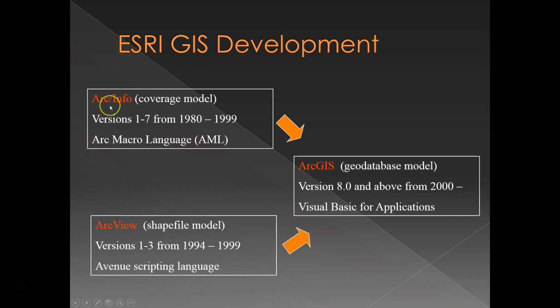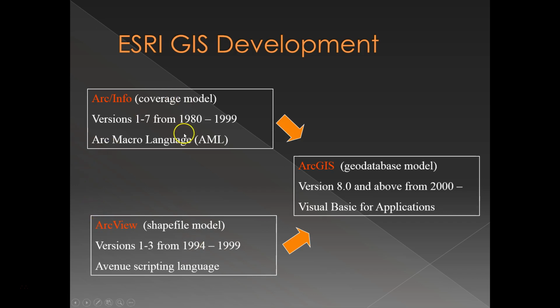And ArcInfo was based on AML, which essentially meant that at this time GIS was done mostly by individuals who could program, who could write AMLs. So GIS wasn't necessarily for everyone because you needed to have that level of knowledge.